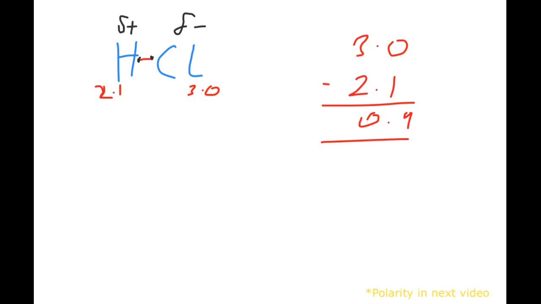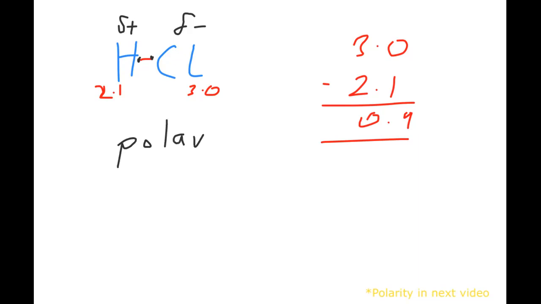So since chlorine is more electronegative, it has attracted the bonding pair towards itself, which is why it has more electrons. So it is partially negative. While hydrogen has lost one of the electrons to chlorine, as chlorine has attracted it to itself. So hydrogen has fewer electrons, so it is partially positive. Now, as these two atoms have opposite charges, this molecule of HCl is called polar.